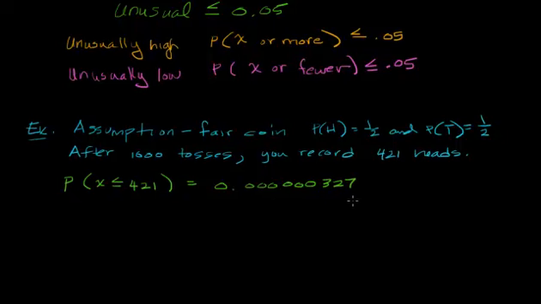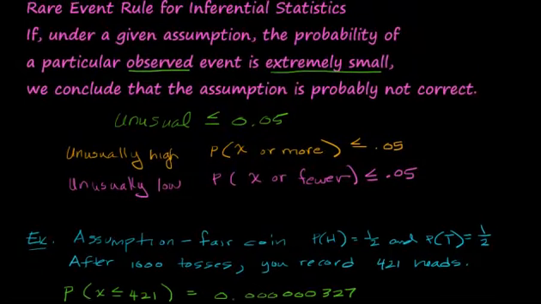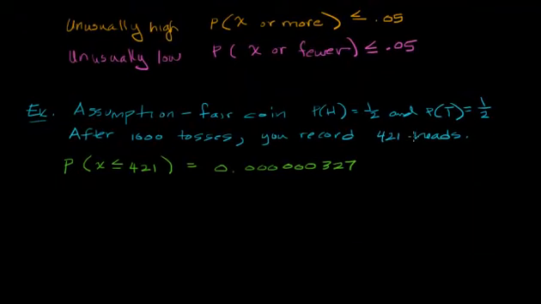We get 421 out of 1,000, and the chance that that would have happened if our coin was fair is this tiny little number. So do we say, well, a rare event just happened. How weird is that? No, we say, wait a minute. That leads me to believe that my original assumption that I had a fair coin is probably not correct. There's something about this coin that's causing it to maybe prefer tails, because if we had 421 heads, we had 579 tails, right?